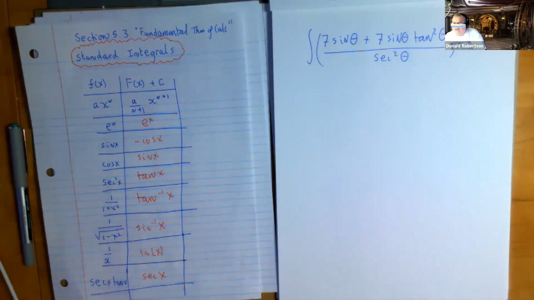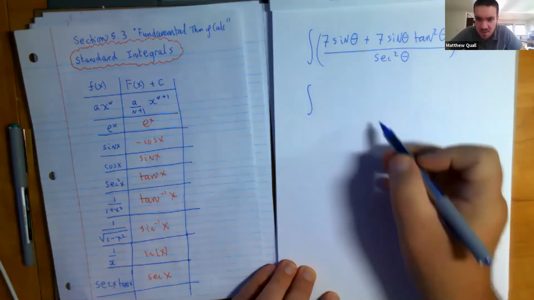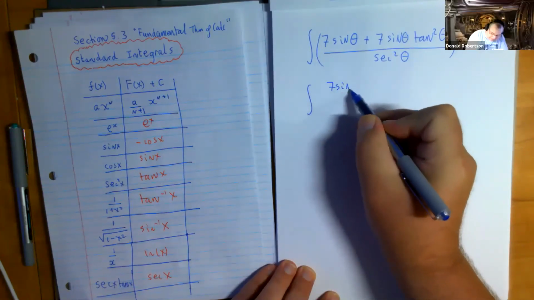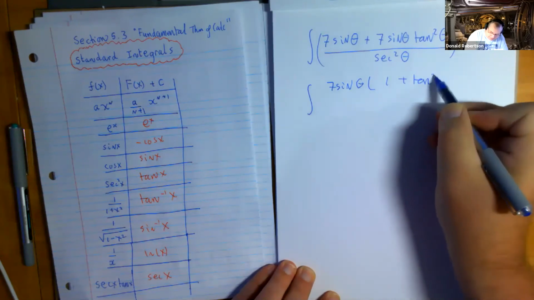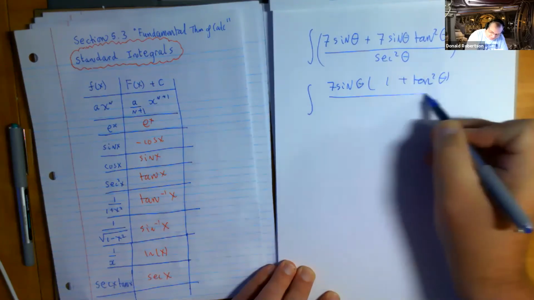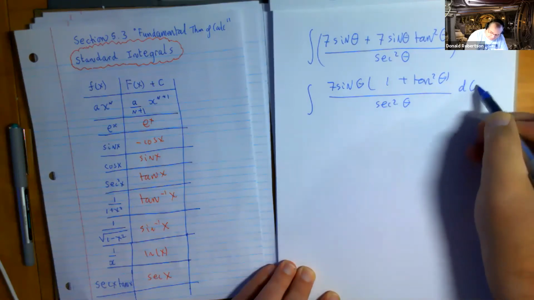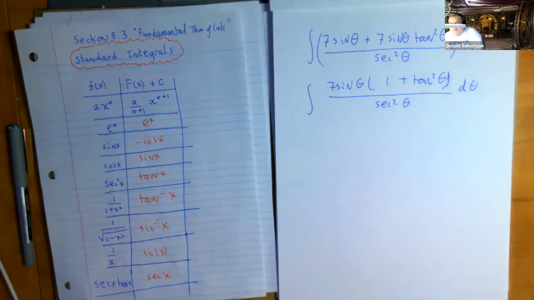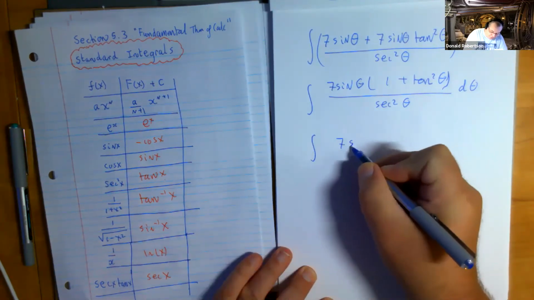Can you see anything, for instance, on the top line? Could you factor out 7 sine of theta? Why not? And that would leave me with this guy. And I'm about to write something down, which is true.